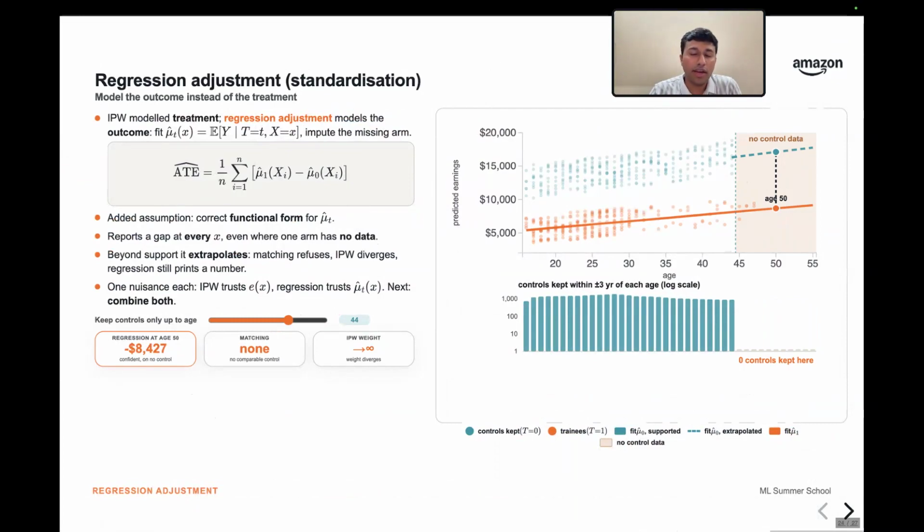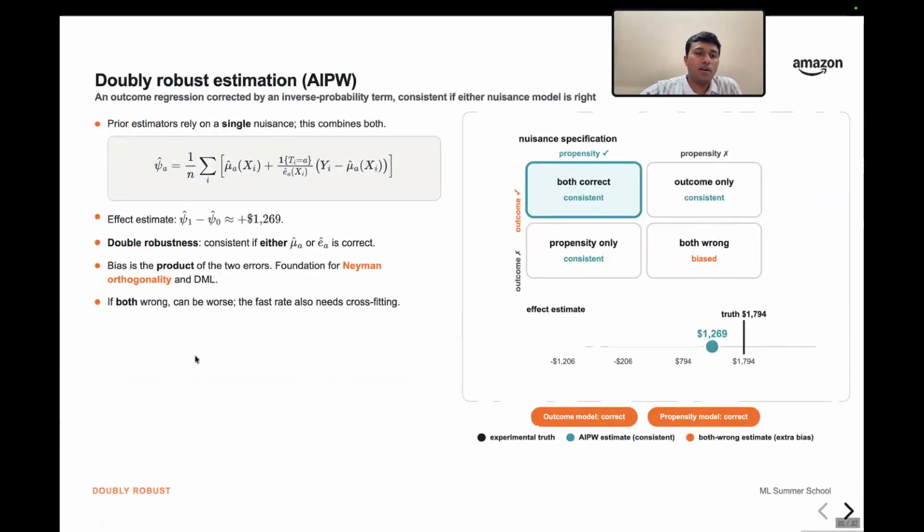Otherwise, you'll end up in scenarios where your data is extrapolated and your estimates are biased, where, for example, you see here that the regression number is way off from the actual value that we are getting from the RCT, right?